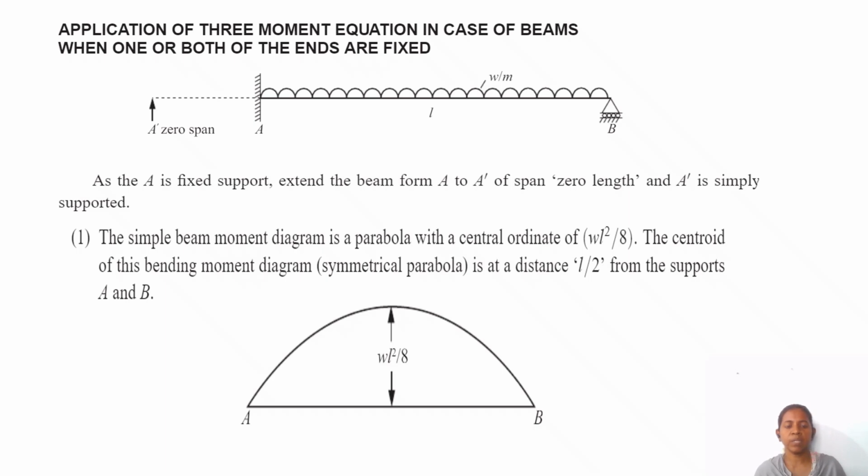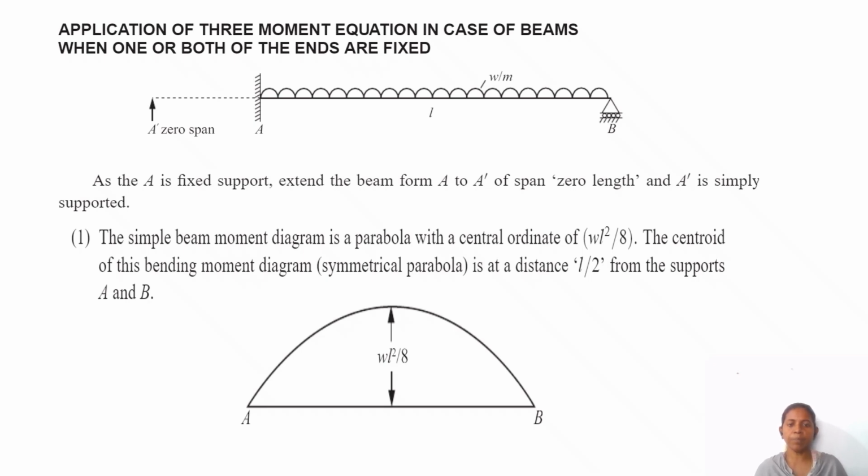So consider an imaginary point A dash on the left side of the beam so that it will create an imaginary length of 0 meter. Consider the length here L1 is 0 meter, L2 is L. As A is a fixed support, extend the beam from A to A dash of span 0 length, and A dash is a simply supported condition.